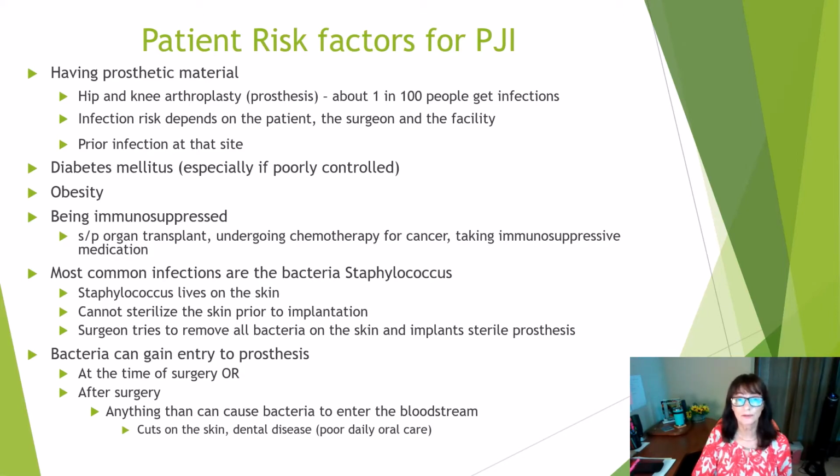Diabetes increases your risk of infection, especially if it's poorly controlled. Obesity has a significant increased risk of infection. Being immunocompromised, such as having chemotherapy or other immunocompromising medications, if you've had an organ transplant, or even steroid use.